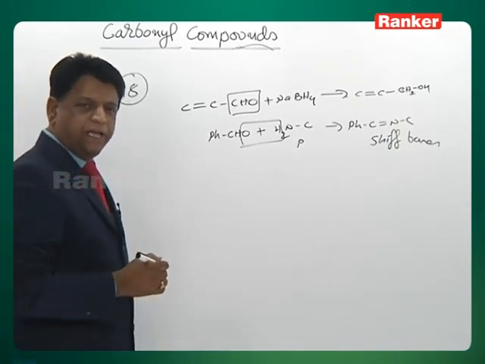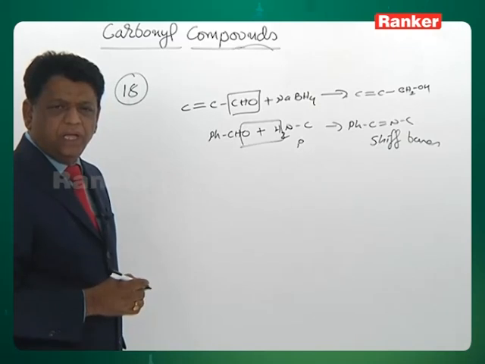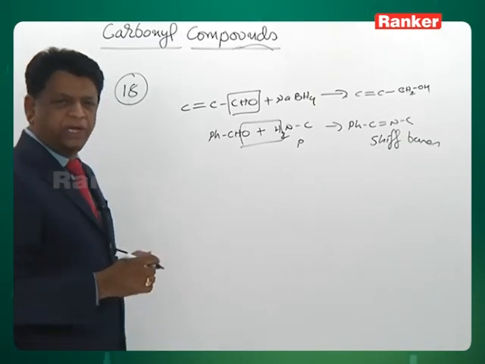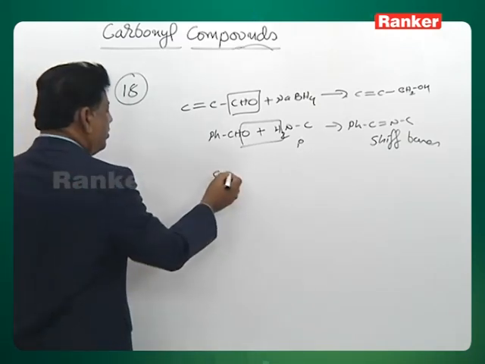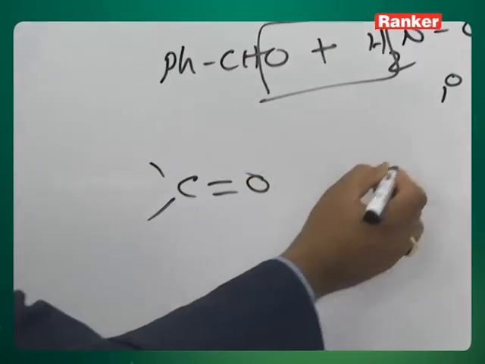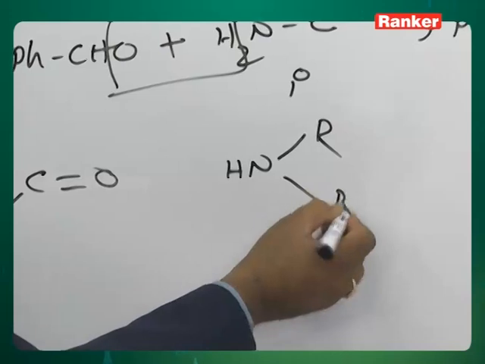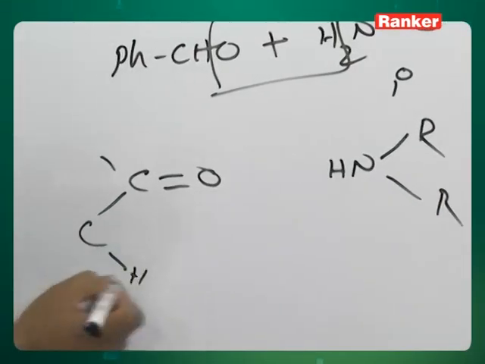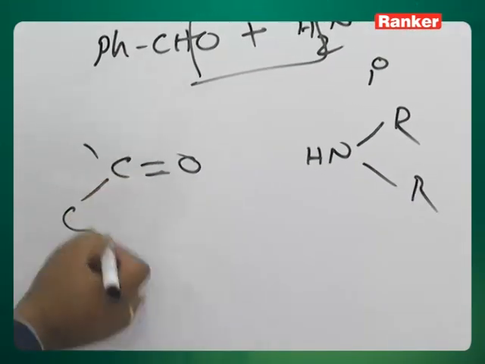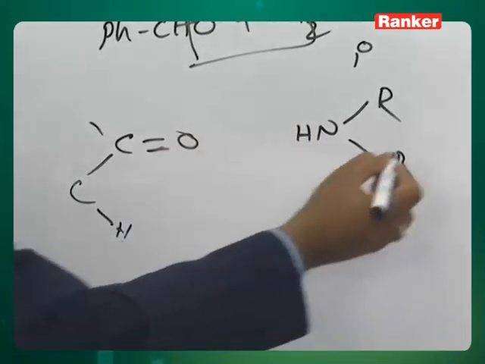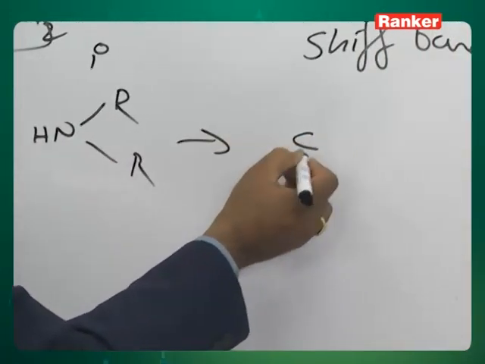And the third option is a carbonyl compound reacting with 2 degree amine. However, we have an alpha hydrogen, therefore it undergoes enol formation, then eliminates. You will get an enamine.